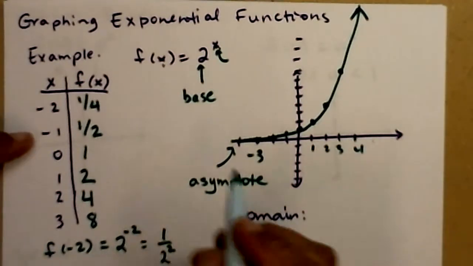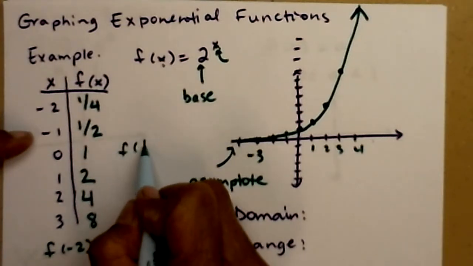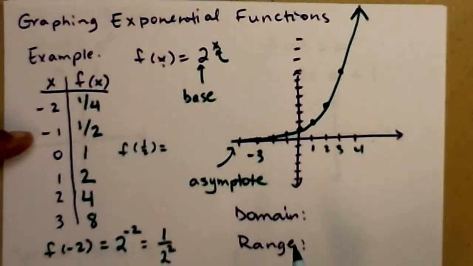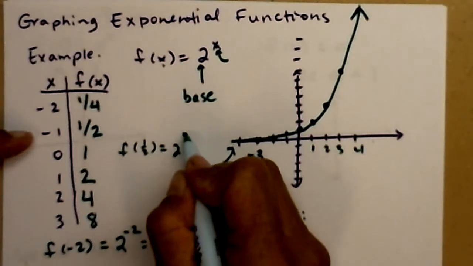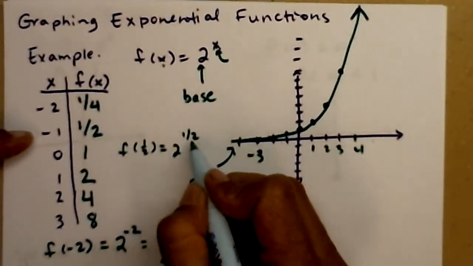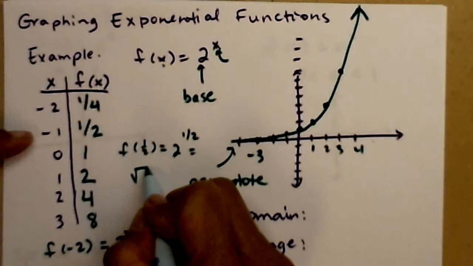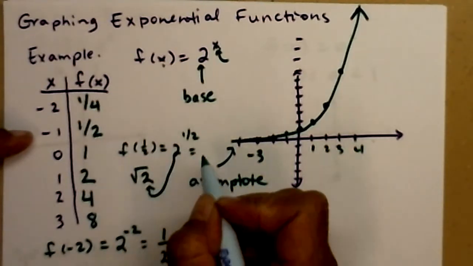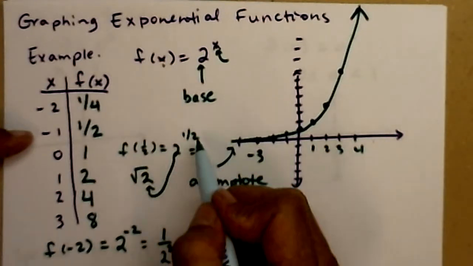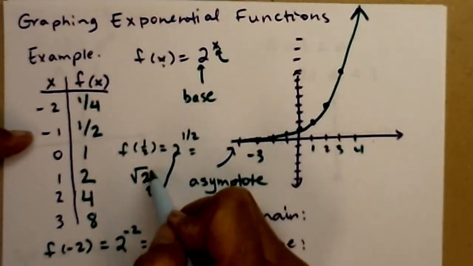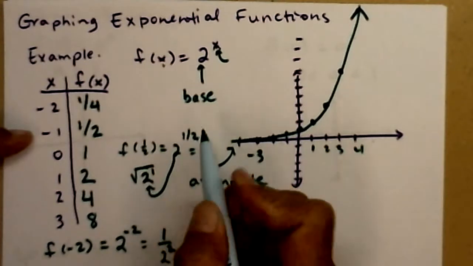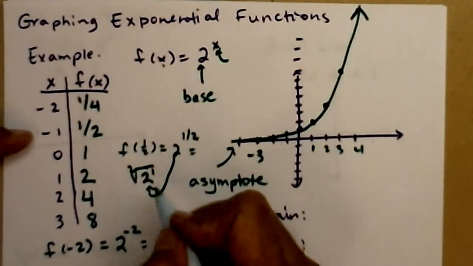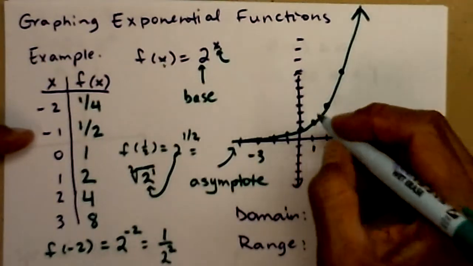So let's say x is 1/2. So f of 1/2, that's 2 to the 1/2. And fractional exponents, remember those are radicals. So the base is my radicand. With that 1/2 exponent, the numerator is the power of the base, the denominator is the index, so it's the square root of 2.